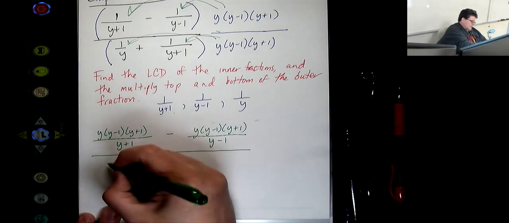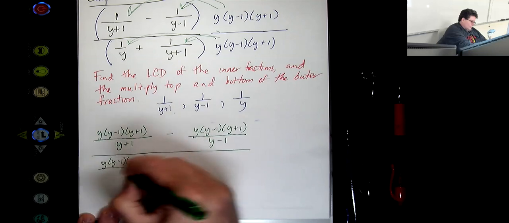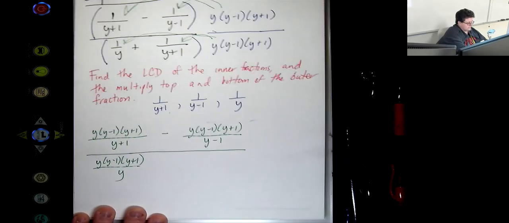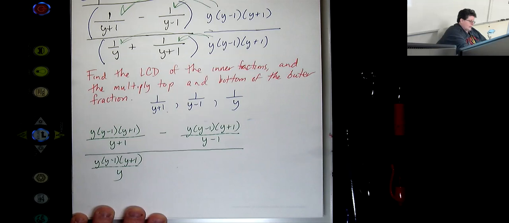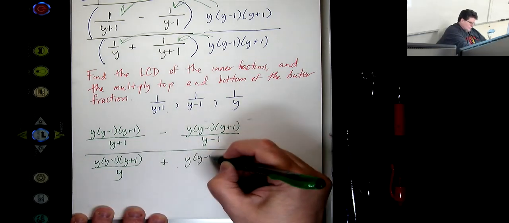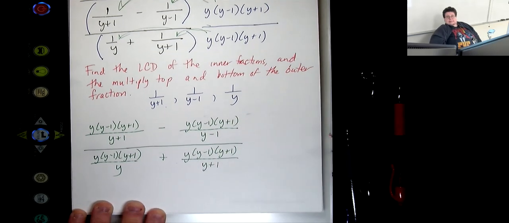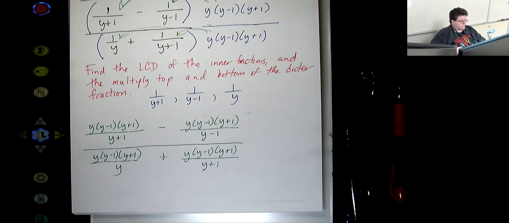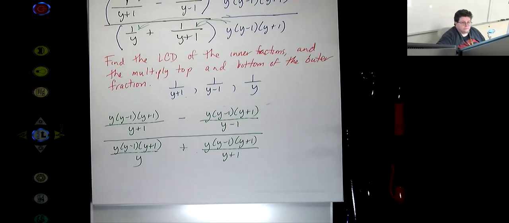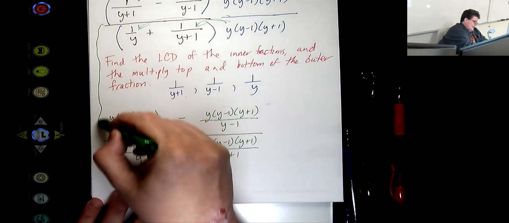My bottom left is y minus 1, y plus 1 over y. And my bottom right one, I've got a plus, y minus 1, y plus 1 over y plus 1. So that's taking that and distributing.